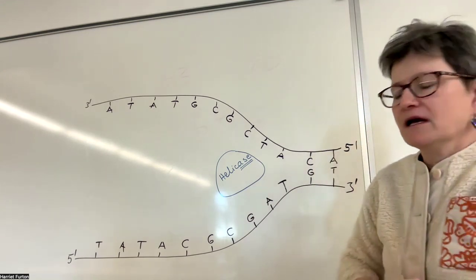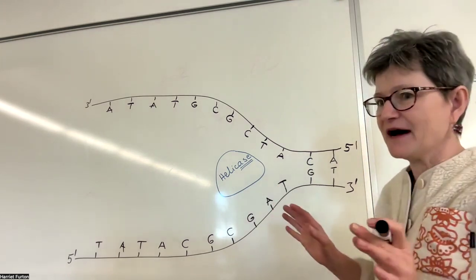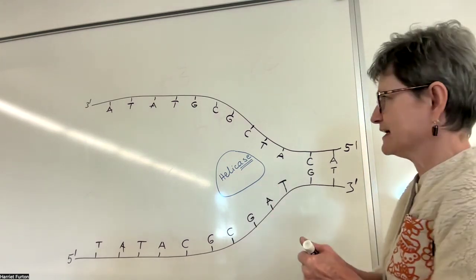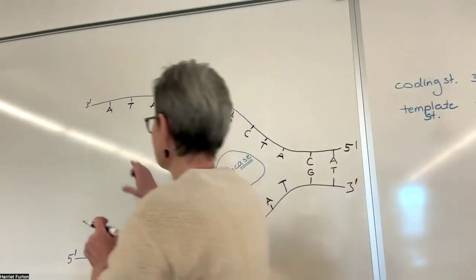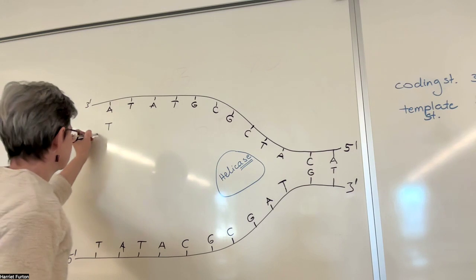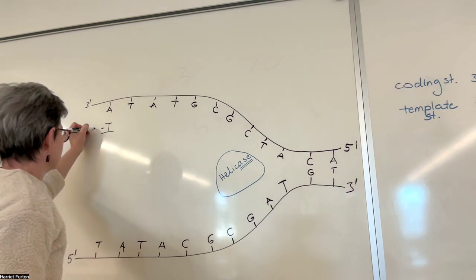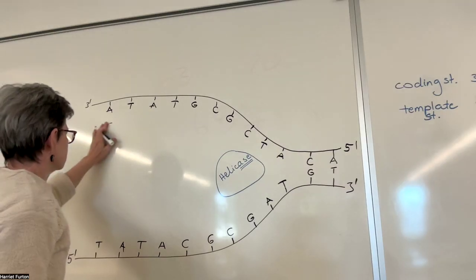Now, I will simplify pretty much how it is going to be. So this end, we need a T in here. The T has a phosphate end and an OH end.